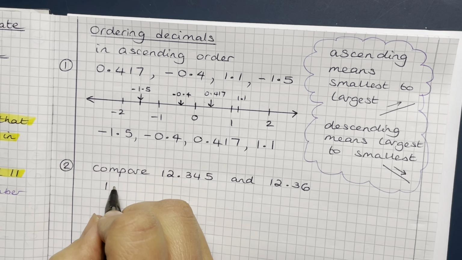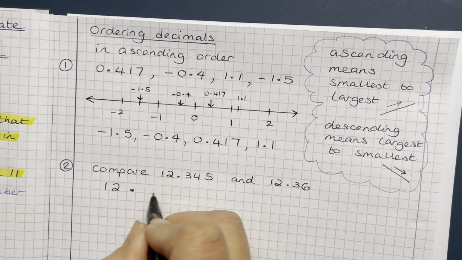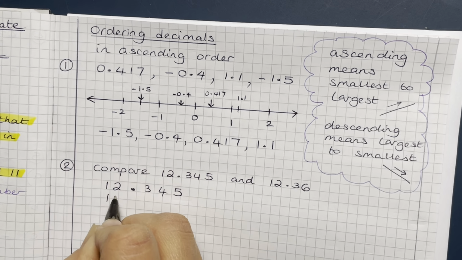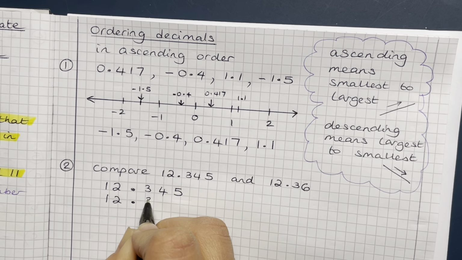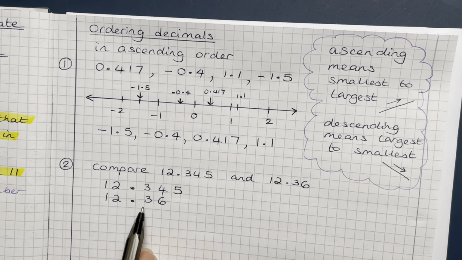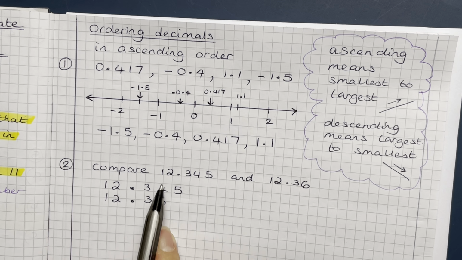Now, using a place value table and lining them up really neatly, making sure that my decimal points are in line. Here's my 12.345. I've got 12.36. And then again, we work from left to right, and we keep going until we see that in the 100ths column, 4 is less than 6.